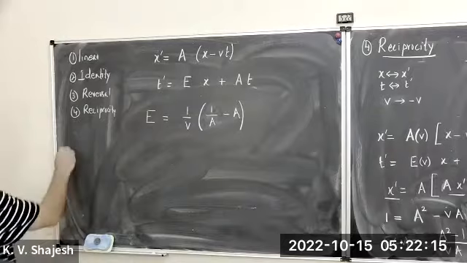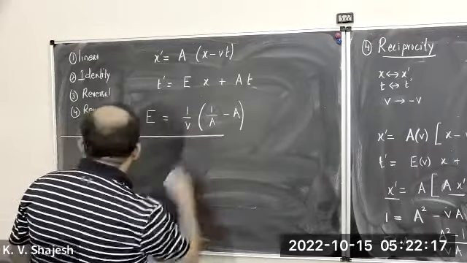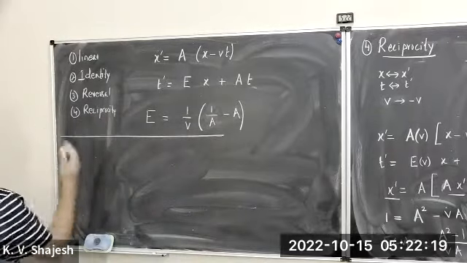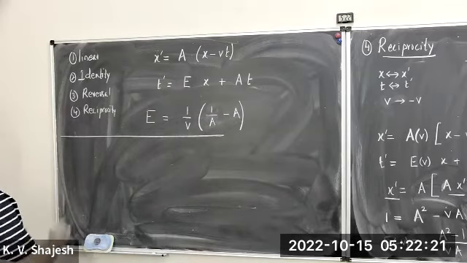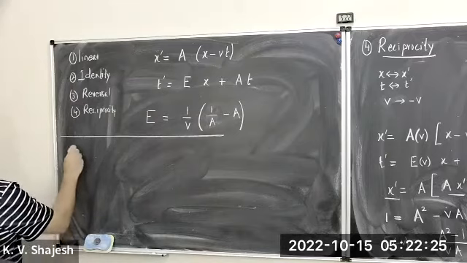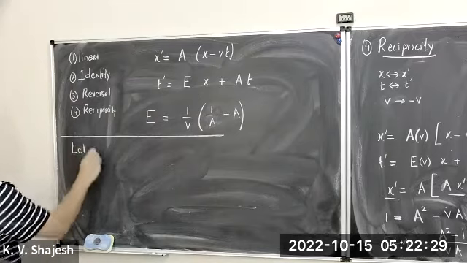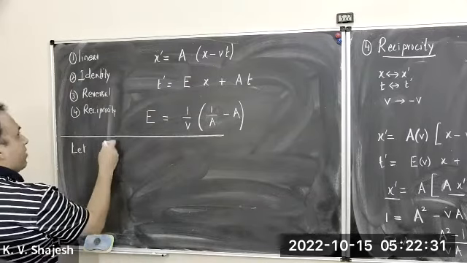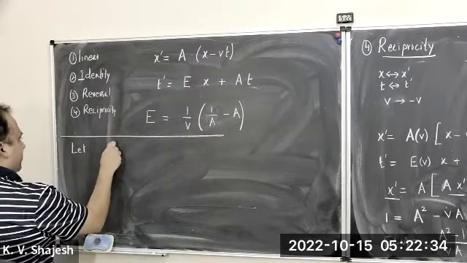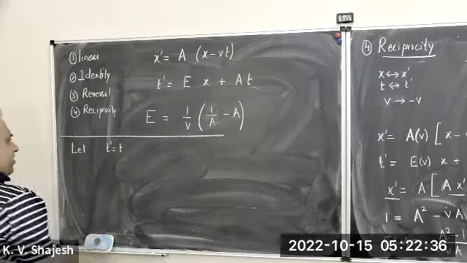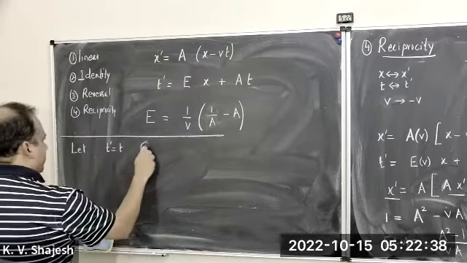And the point is, at this point, since we cannot proceed further based on these four consistency requirements, next is proposed. Let us say that T prime is equal to T. That's Galilean relativity.